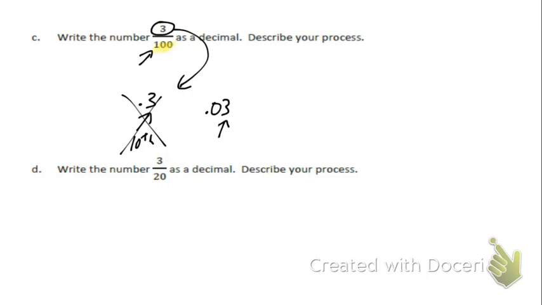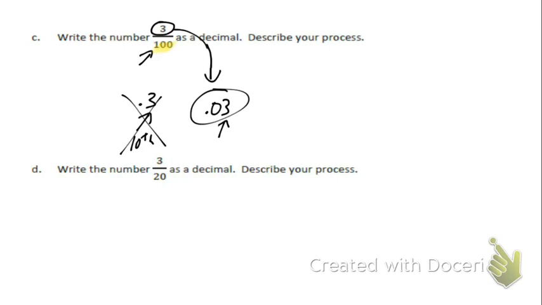So 3/100ths is 0.03. So pretty much for these problems the denominator will tell you where your decimal should end, and all you do is you put the number on top.